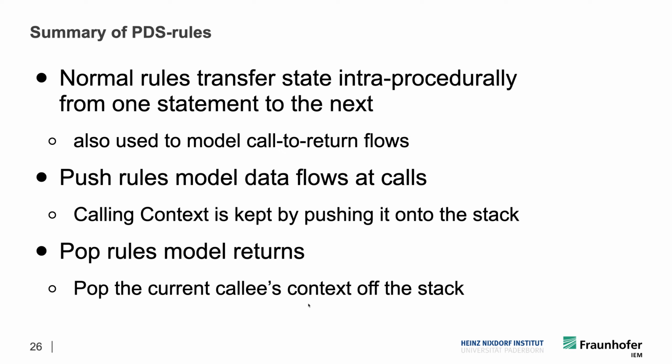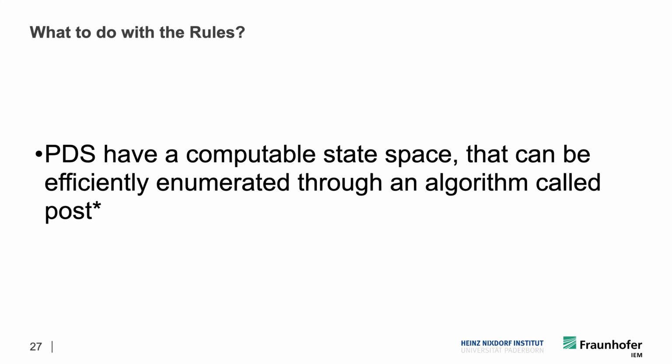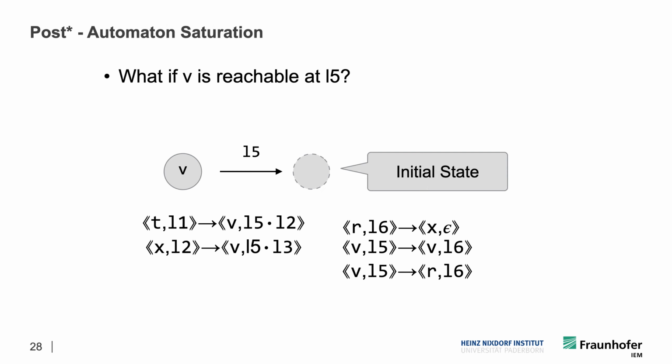Okay, but these are the individual rules. So now what do we do with the rules? How do we actually determine reachability? Like I explained before, pushdown systems have this nice property that they have a computable state space that can be efficiently enumerated through this Poststar algorithm, okay? And this algorithm works by a so-called automaton saturation.